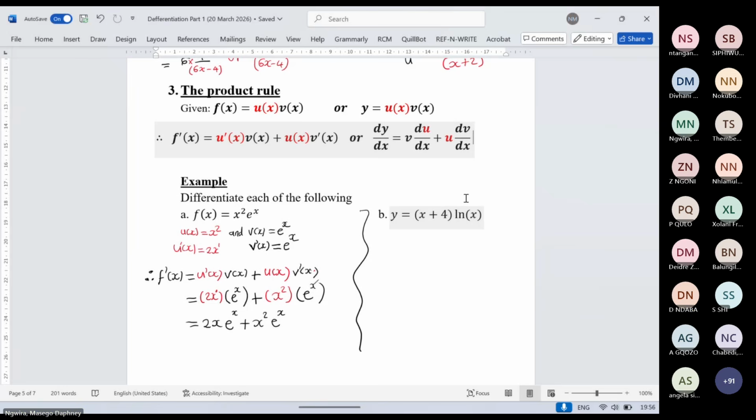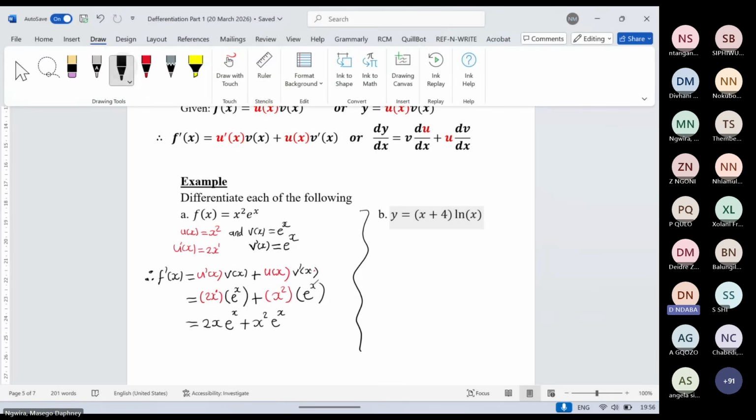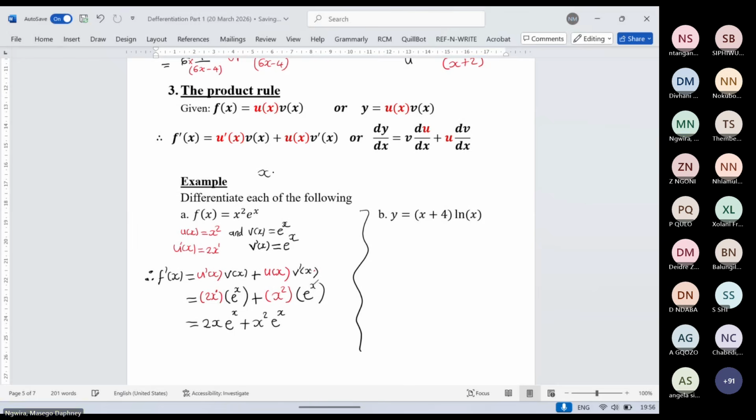Ma'am, can you please explain how you got to x? I didn't hear when they were explaining. I derived the derivative of x squared using the power rule. The power rule says that if I have x to the power of n, when I derive it, it's going to be n times x to the power of n minus 1.